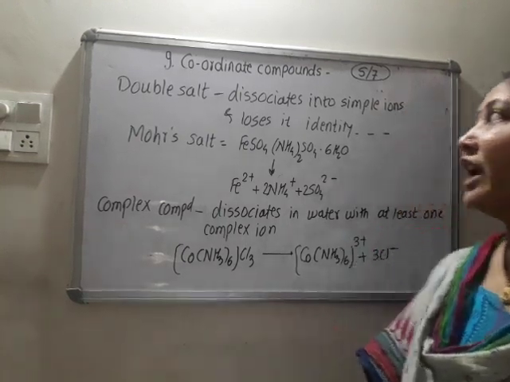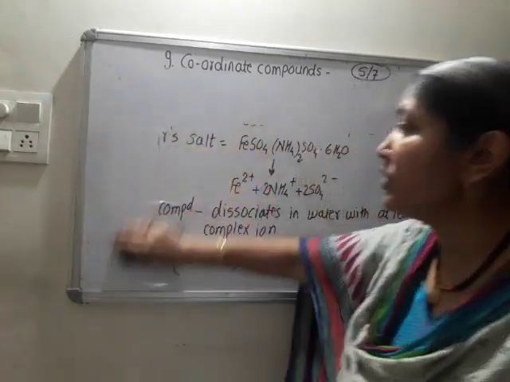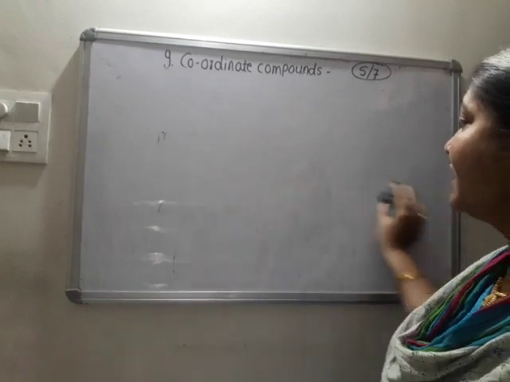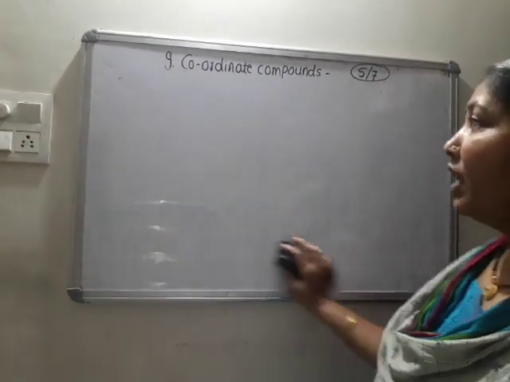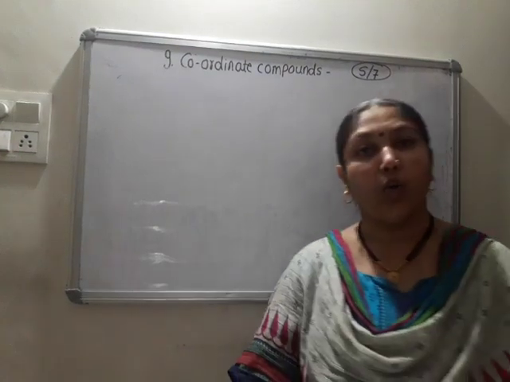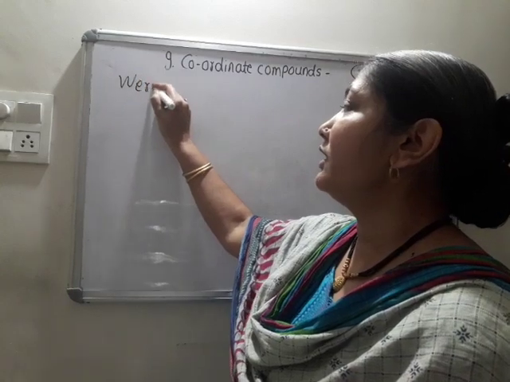Next question on coordinate compounds is Werner's theory. Give postulates of Werner's theory. Once they have asked this question in the board exam. 4 postulates are there, so it is a 2-mark question. So what are the postulates of Werner's theory?